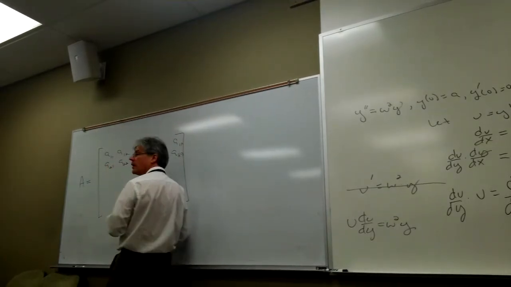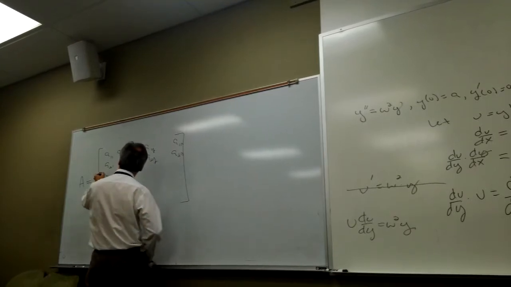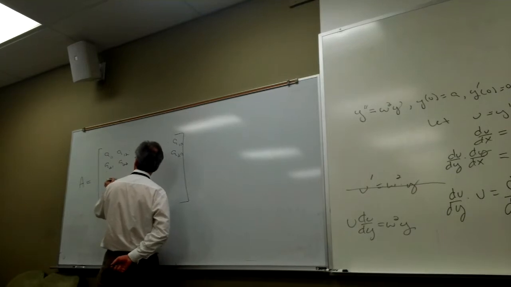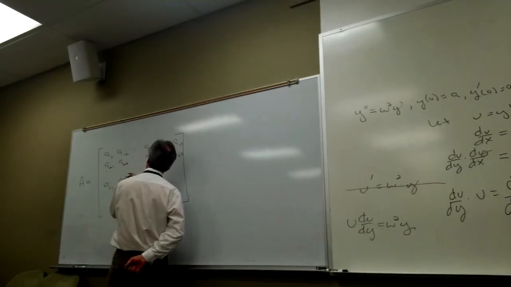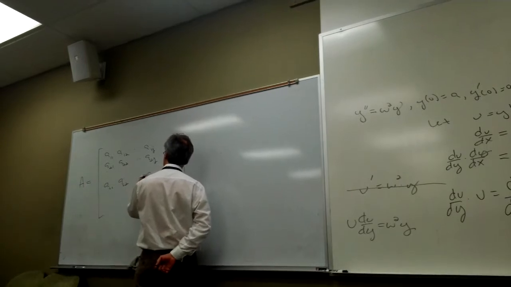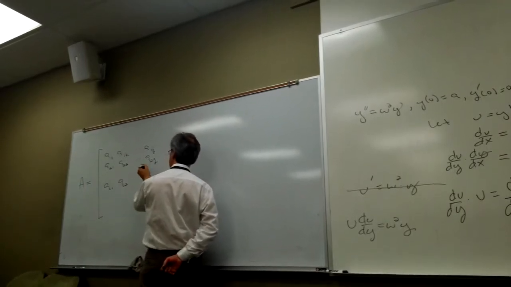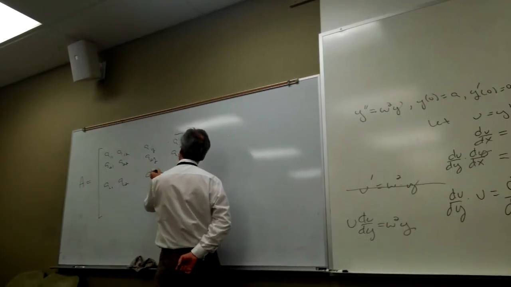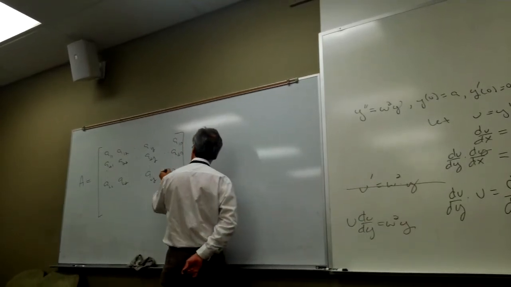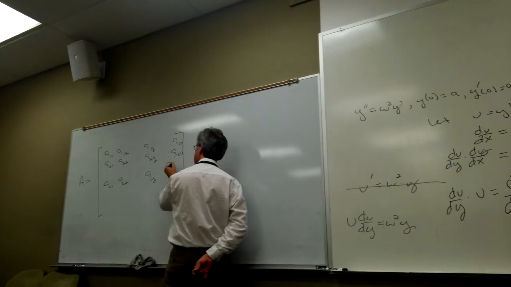Using the same logic, now let's scroll down and talk about the arbitrary, how about ith row? A sub i1, A sub i2, all the way over to the entry in the arbitrary ith row, jth column, which I'll refer to as A sub ij. All the way down to the very last column of the arbitrary ith row, whose entry is referred to as A sub in.